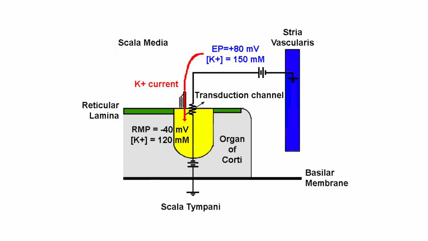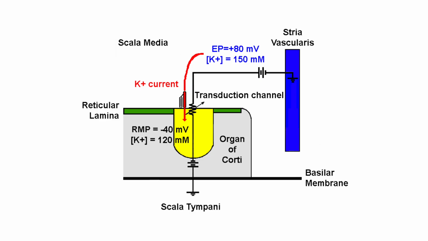Because this basolateral surface is bathed in the perilymph, you can see in the scala tympani, it is bathed in the perilymph, which has low potassium concentration, whereas the apical surface of the hair cell, which contains the stereocilia, is bathed in the endolymph, which has higher potassium concentration. So relative potential is +80. Here you can see it is written -40, it is actually -60.